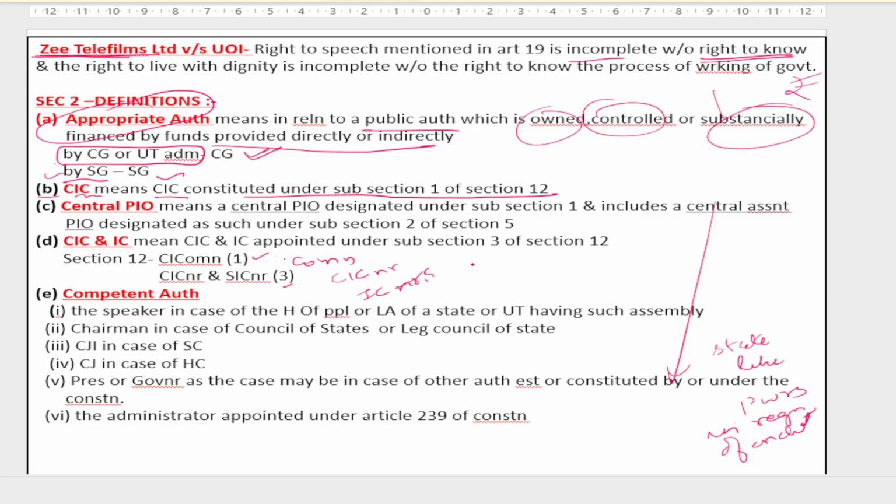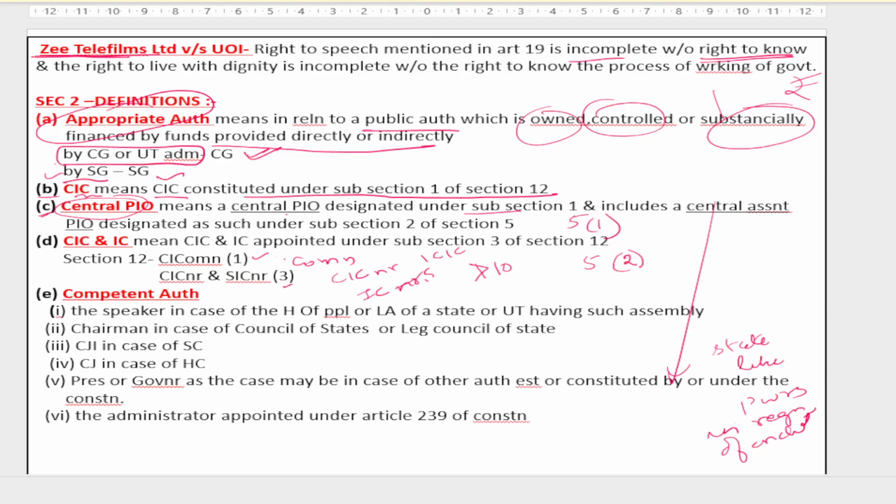These other information commissioners are going to be not more than 10, and there is going to be one Chief Information Commissioner. Then subclause (c) says Central PIO means the Central PIO designated under subsection 1 of Section 5, and Central Assistant PIO designated under subsection 2 of Section 5.